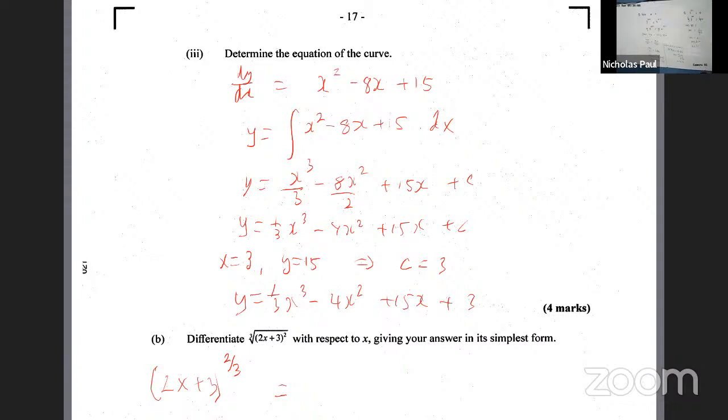Right, bring down the power. Differentiate inside the bracket. And then write back the bracket, you leave out a step. And now you minus 1 from the power.